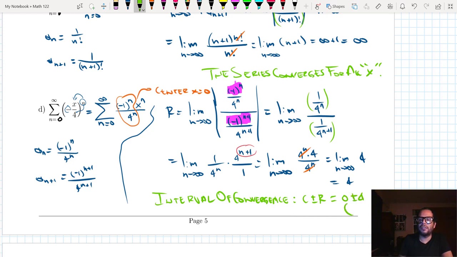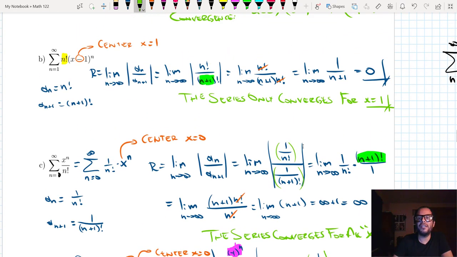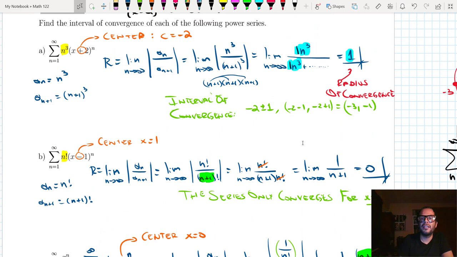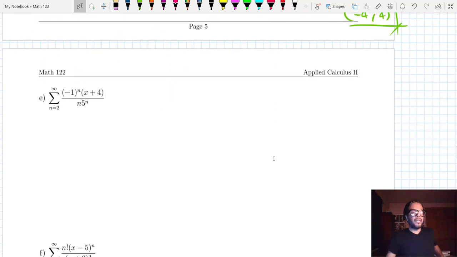That is, using interval notation, goes from negative 4 to positive 4. Okay? And that's the interval of convergence. Maybe I should use the same notation here. Center plus minus 1 for the first example. Okay. All right, let's look at another example. Let's flip the page and look for more interesting series like the ones we have here.